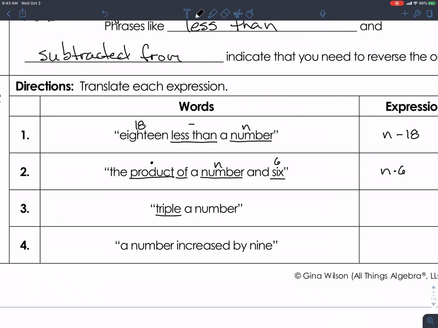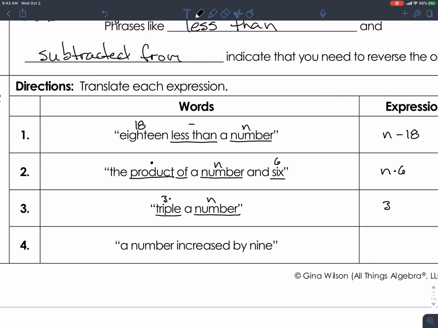Triple a number. That means 3 times n. It's just a variable. Don't get hung up on variables. It's just a letter that takes the place of a number we don't know yet. It doesn't mean anything more than that. It's just a placeholder. It's almost like putting a blank, but we want to have something there that we can work with. So 3 times a number, or triple a number, that one's real easy.